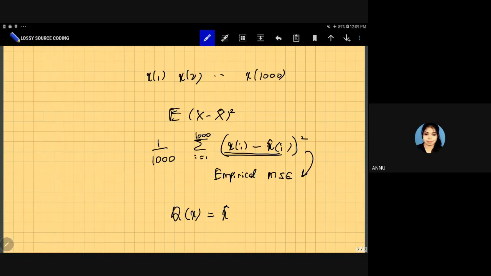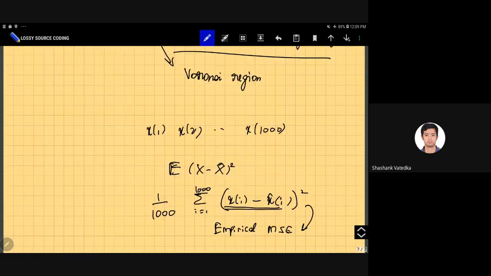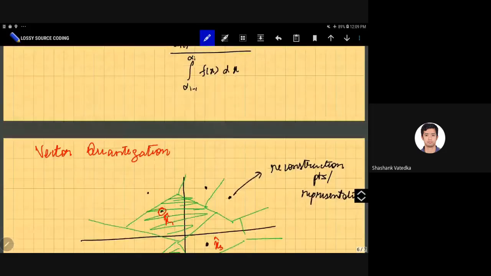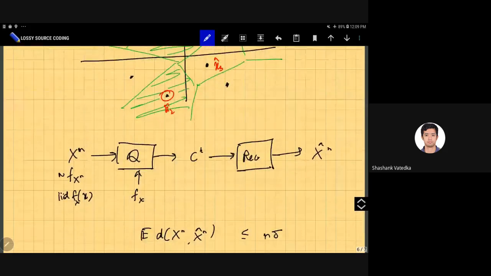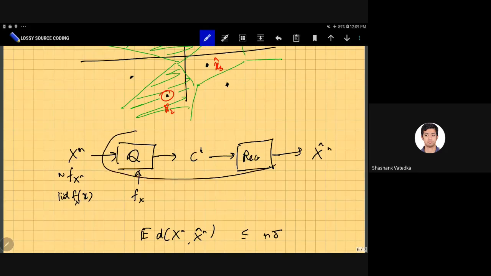If in the starting of class we consider this X hat is equal to Q of X, then it won't be the case, sir. That's what I'm saying. I apologize for the confusion, but the notation that I used in the assignment was different from the notation that I used over here. So this whole thing was Q in the assignment.